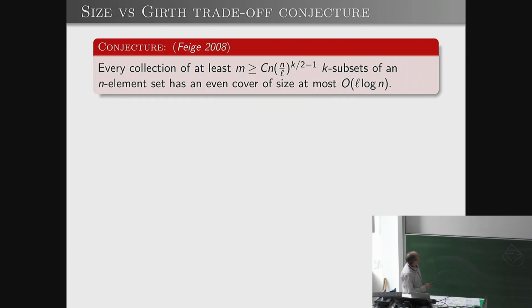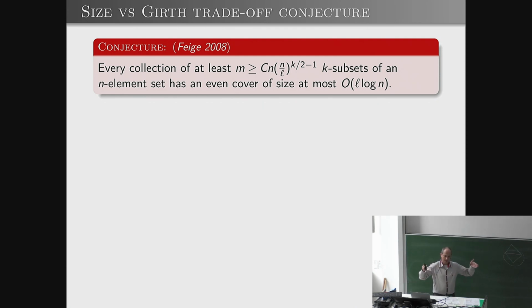Very good. About 15 years ago, Uri Feige was interested in this question, and he put forward a precise conjecture. He said that if you want to find a linear dependence of length roughly L, then you need to have n times (n over L) to the power k over 2 minus 1 vectors.